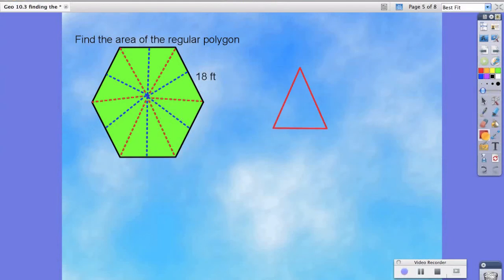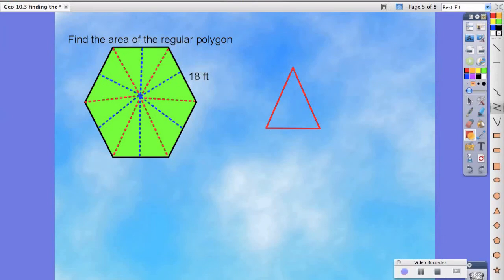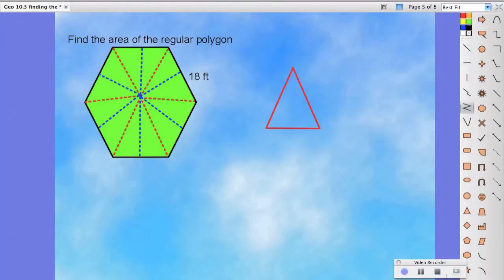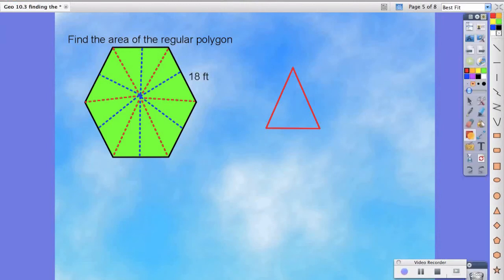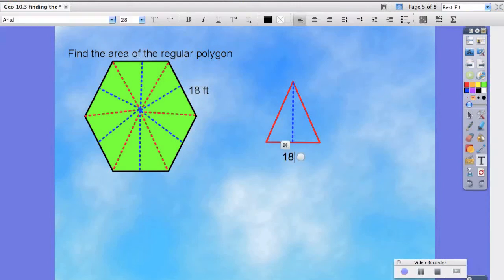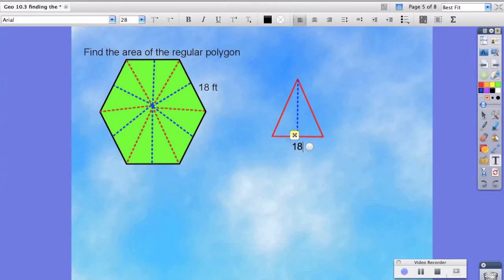And we're going to create the apothem line, which we're going to do in blue. Now, we know that this base is 18 because it's a regular polygon. Remember, regular means all sides are the same.